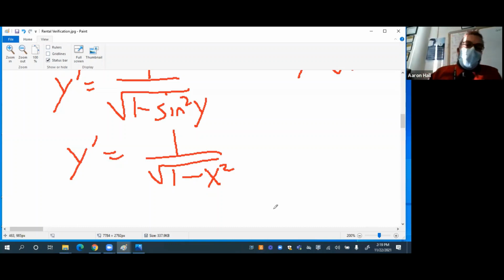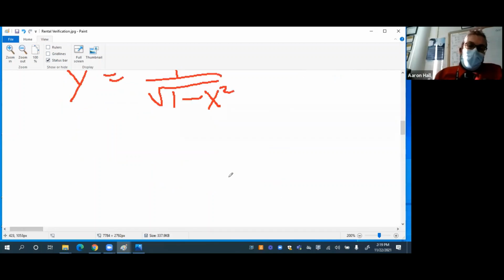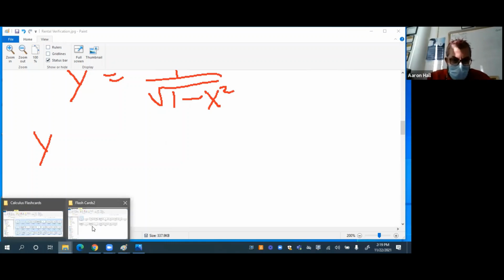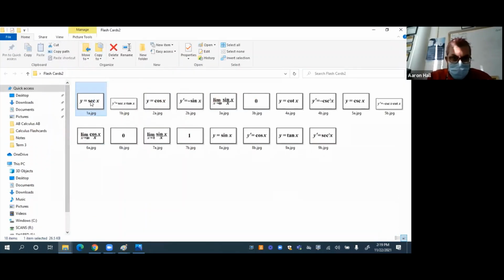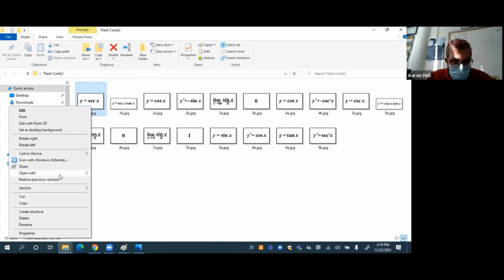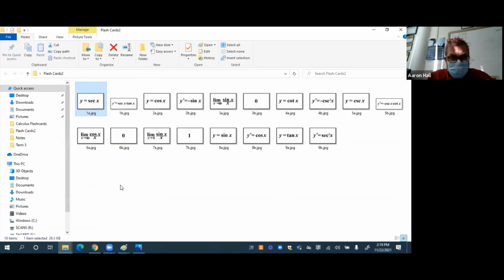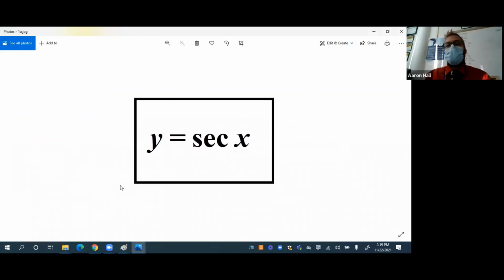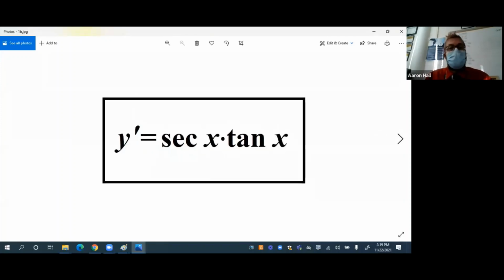What happened before when we were talking about that? Let's go ahead and look at our flashcards again. Consider the co-functions. Is this a co-function? No, because it's just secant, it's not cosecant, and it's positive.